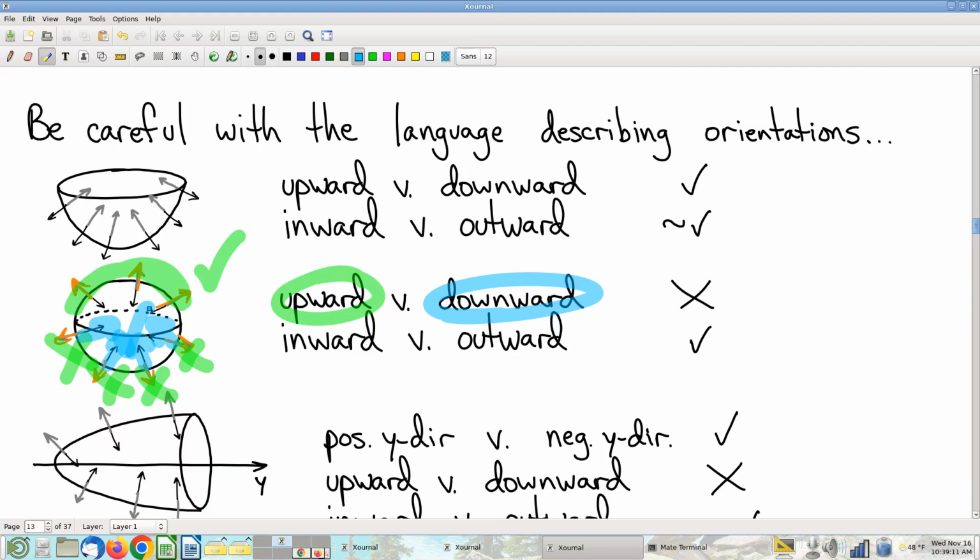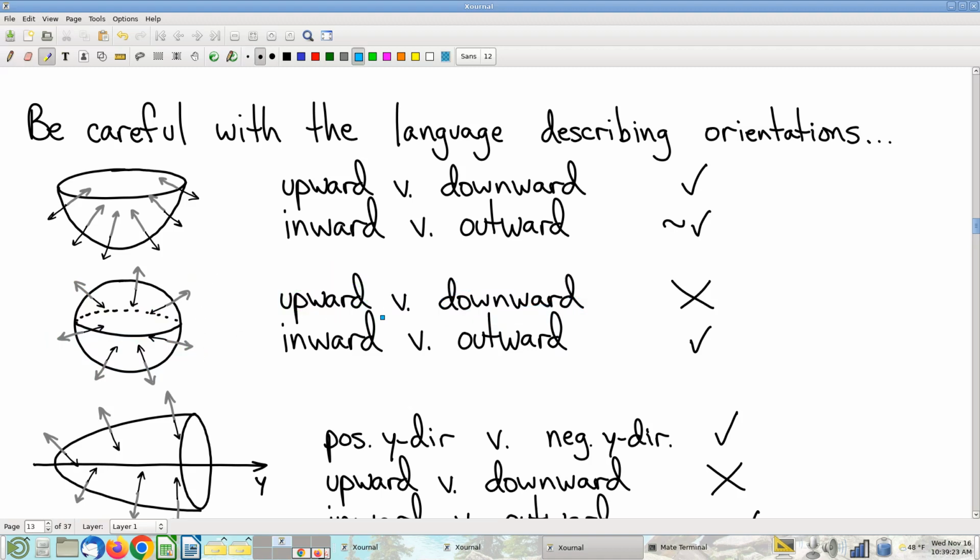Right, so this is pretty ambiguous. Upward versus downward doesn't mean anything. It does not remove the ambiguity. So that would be a very bad choice of language. Right, so big X. Don't use that language for this surface.